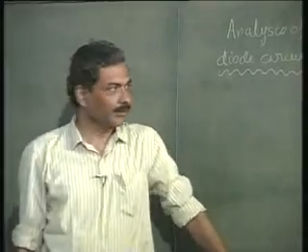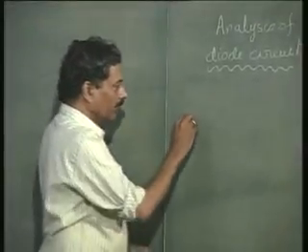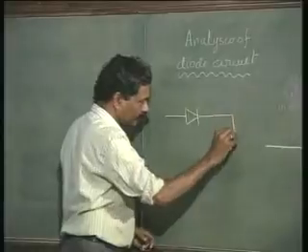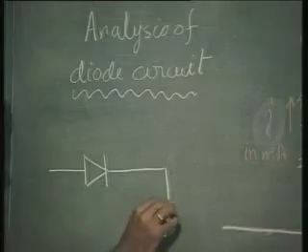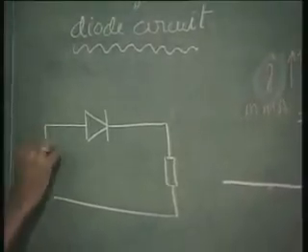In the last class, we saw how a semiconductor diode, in particular, is put in series with, let us say, a resistance and a battery.